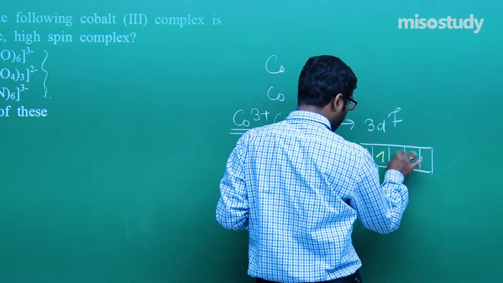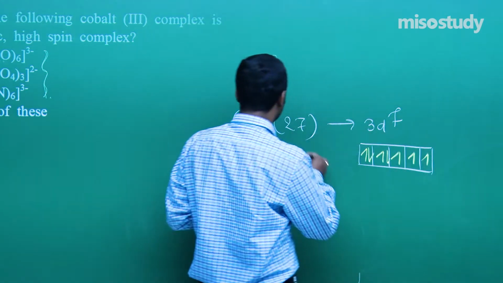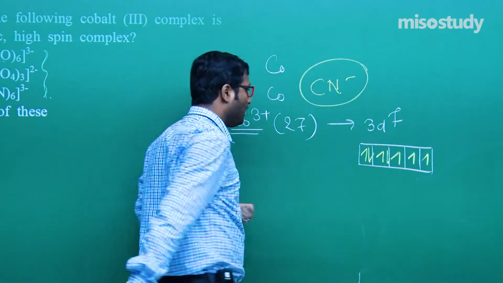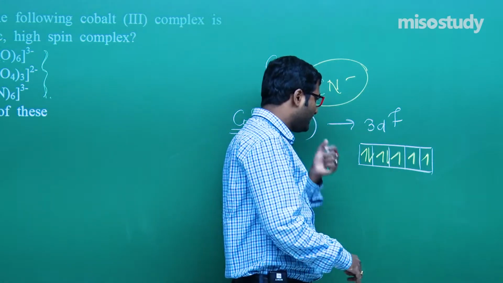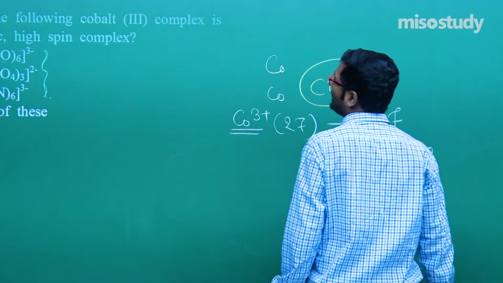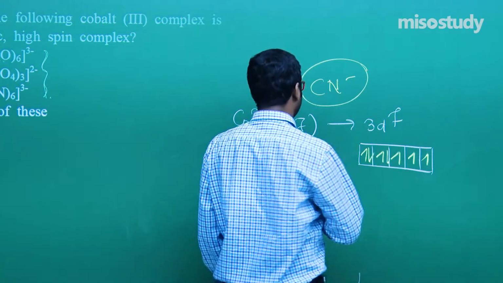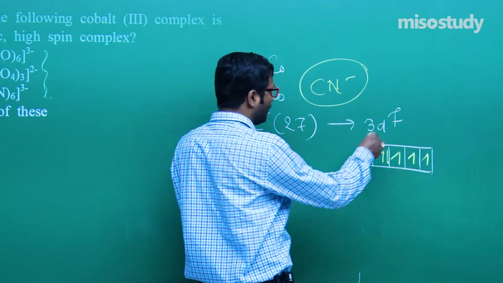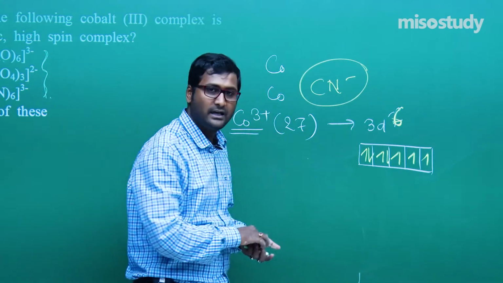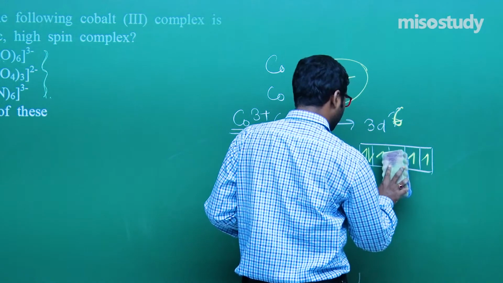Due to the presence of CN minus, a strong field ligand, what will happen? Pairing will take place. So the electronic configuration is 3d6.